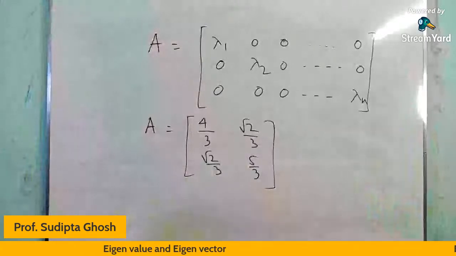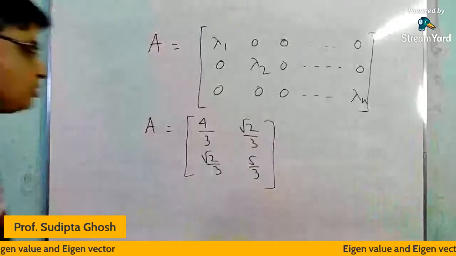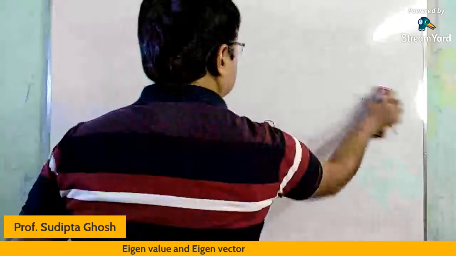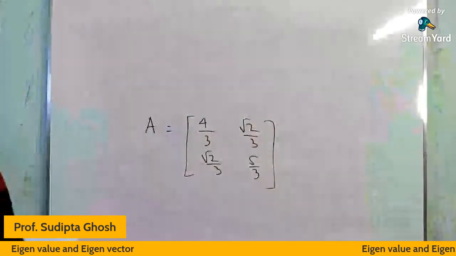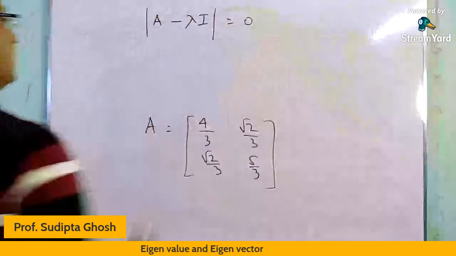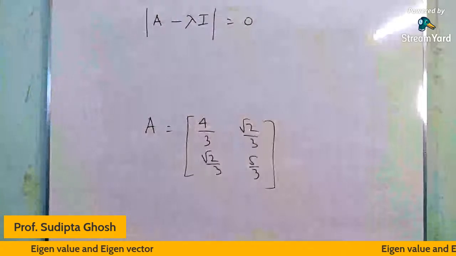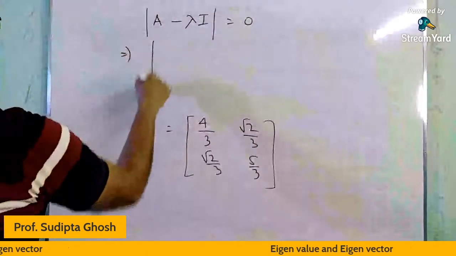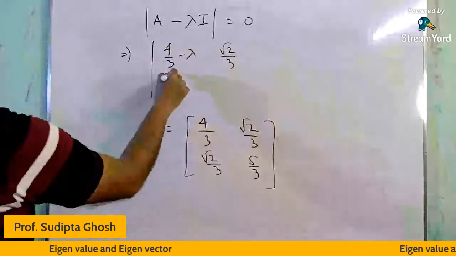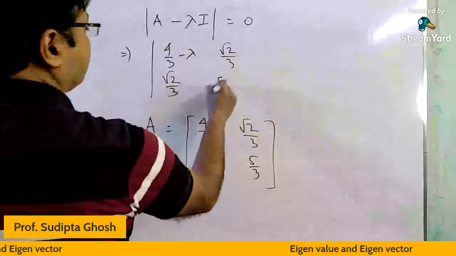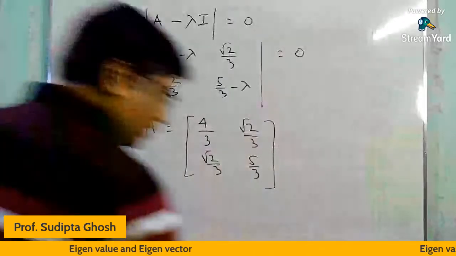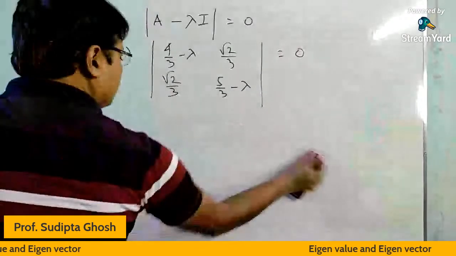Again, you have to find the characteristic roots. The characteristic equation is the determinant of A minus lambda I equals 0. It will be 4/3 minus lambda, root 2/3, root 2/3, and 5/3 minus lambda, equated to 0.